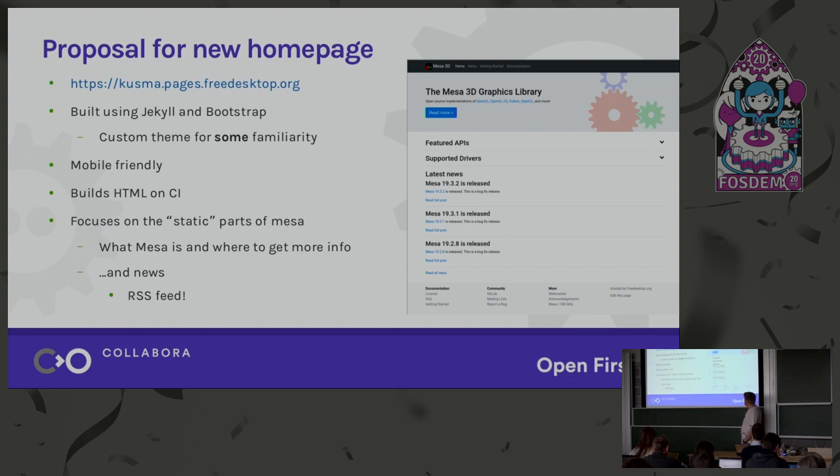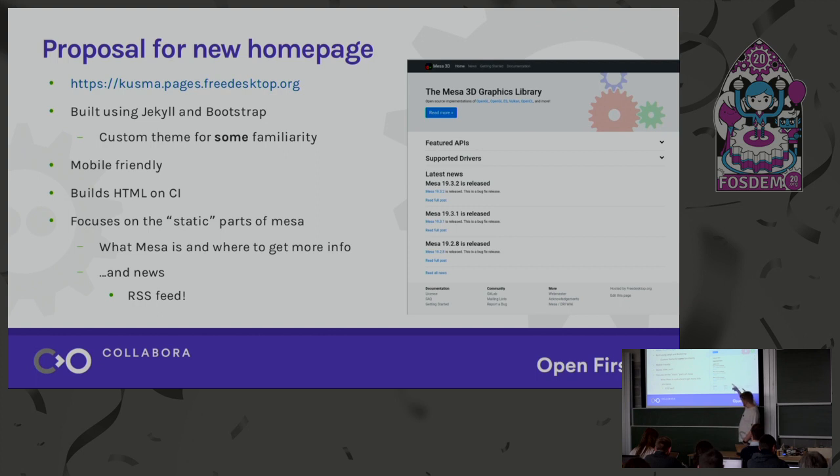It's mobile friendly. I don't show this here, but it works really nicely on phones. It builds HTML on the CI using GitLab Pages, and it contains only the static parts about Mesa, stuff that doesn't change with every release. And it also provides the news.